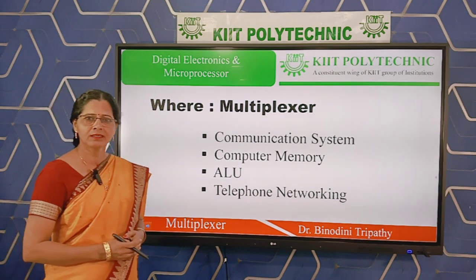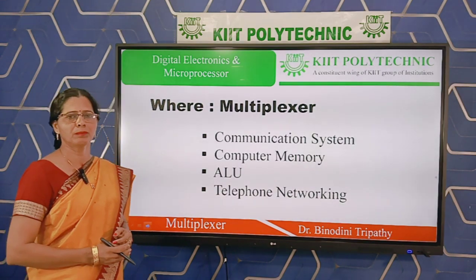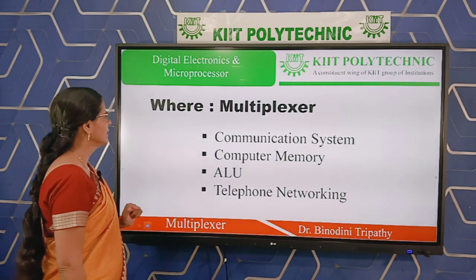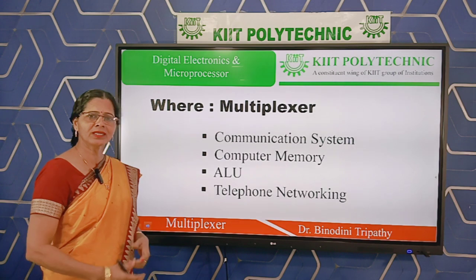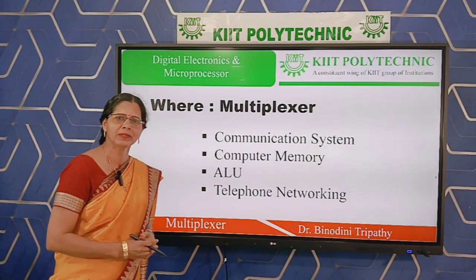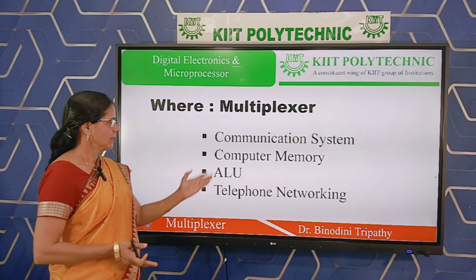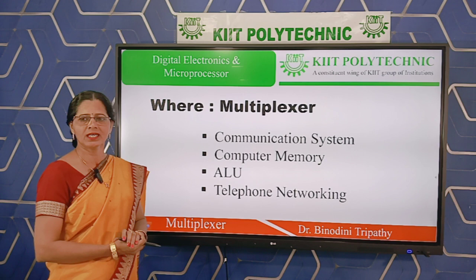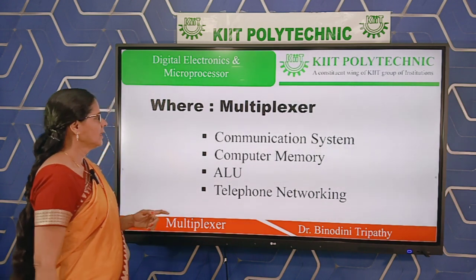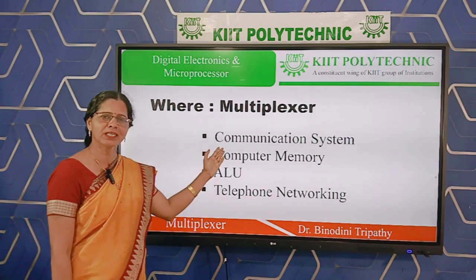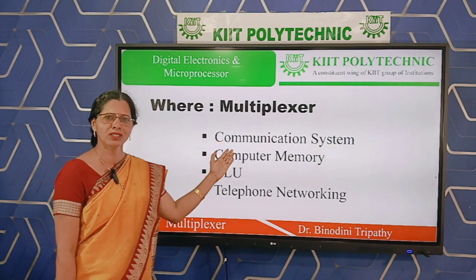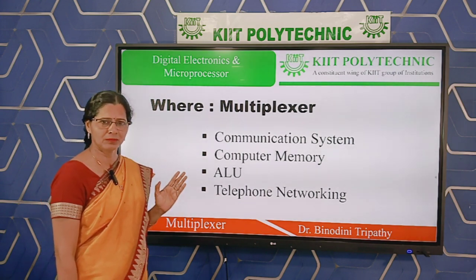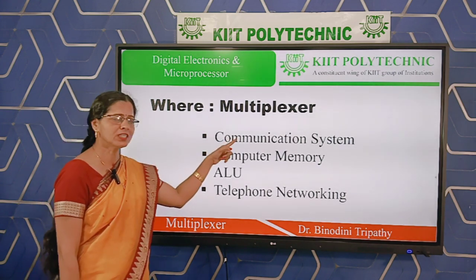Now the definition is clear. The final gist point is: such a type of combinational circuit that can select any one input out of many. Then where do we get this device? There are so many practical applications. Any type of communication system, whether analog or digital, whatever the type, a multiplexer is a must.